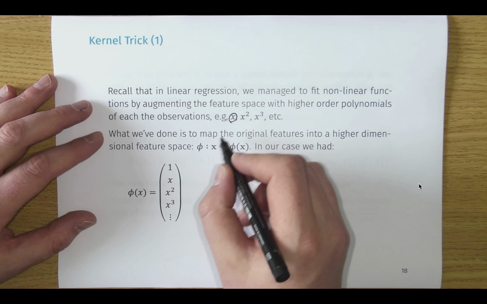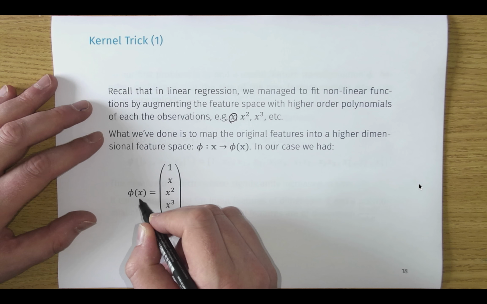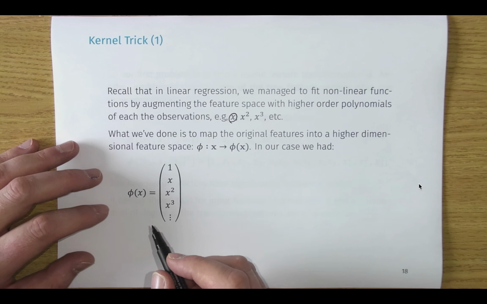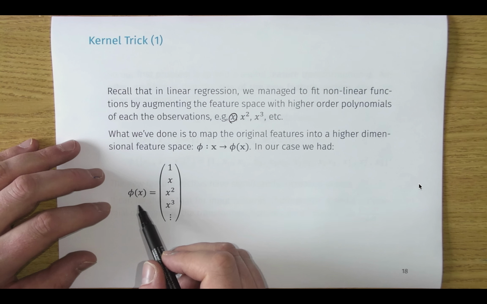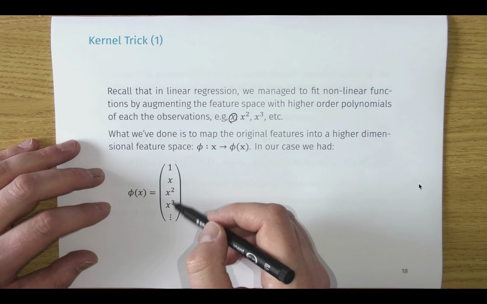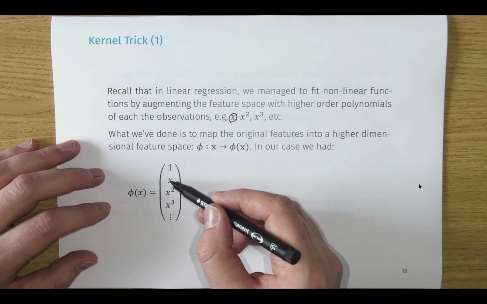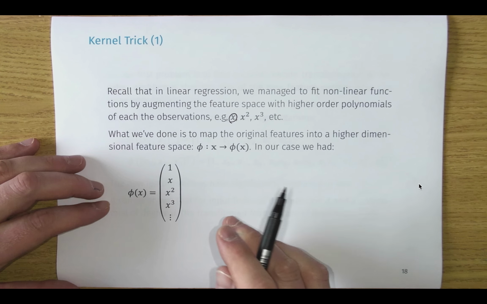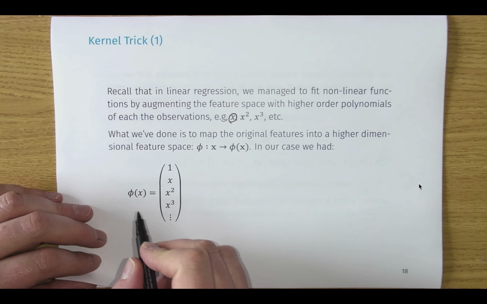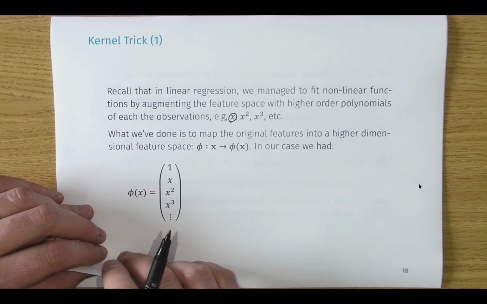We transform x, which was just a simple scalar on the 1D graph, and if you want to fit a polynomial, then you can transform x into a vector, and the new feature vector will be something like 1, x, x squared, and x cubed, and so on.